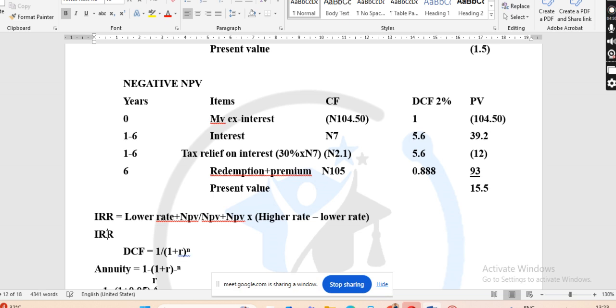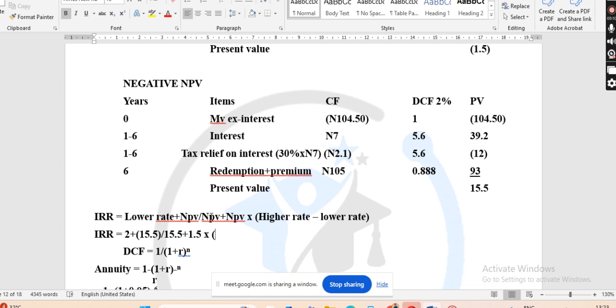Now let's go there. So what will be the cost of redeemable debt, class? The lower rate is 2%. You can use 2 and just move on like that. 2 plus the positive NPV. What is the positive NPV? 15.5 divided by the positive NPV, which is 15.5, plus the negative NPV, which is 1.5, times the higher rate.